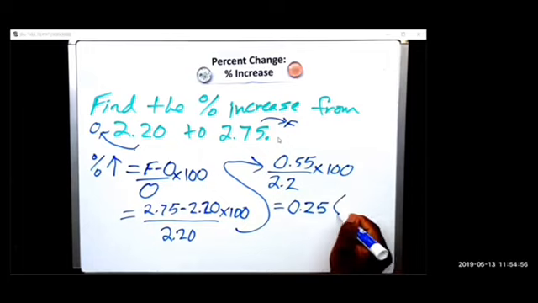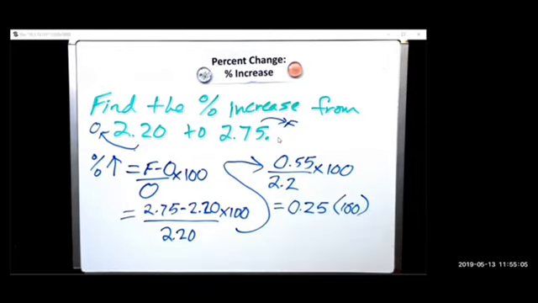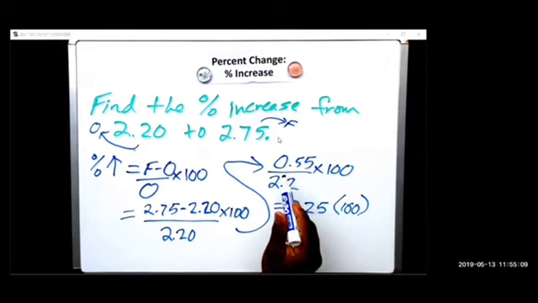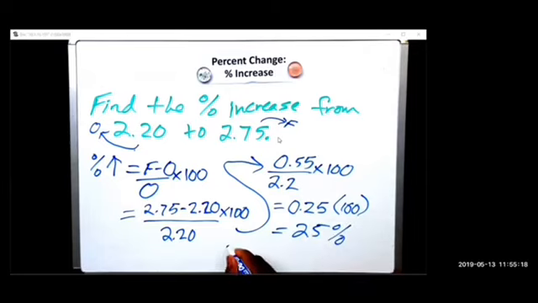I'm going to put times 100. In this case, we have division and then multiplication. When you have those two operations next to each other, you perform the operation that comes first. That's PEMDAS. And when you multiply that, you're going to get 25%. Therefore, the percent increase equals 25%.